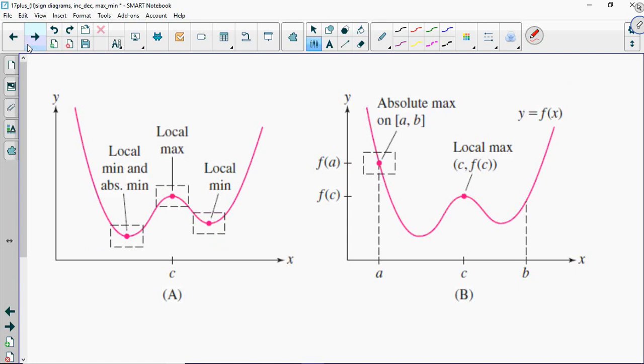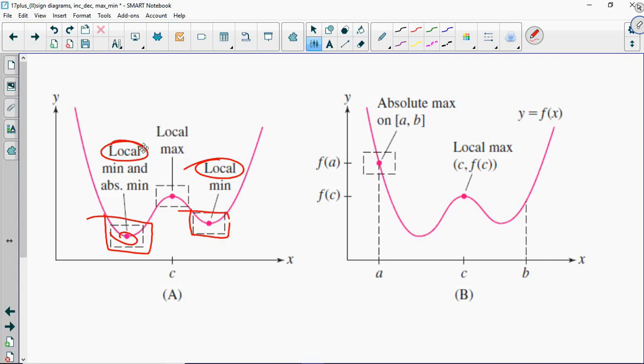So looking at a few examples here in diagram A, we see two local minima. What I mean when I say local is if I just zoom in close to that point, that's a minimum. So that's a minimum close by.